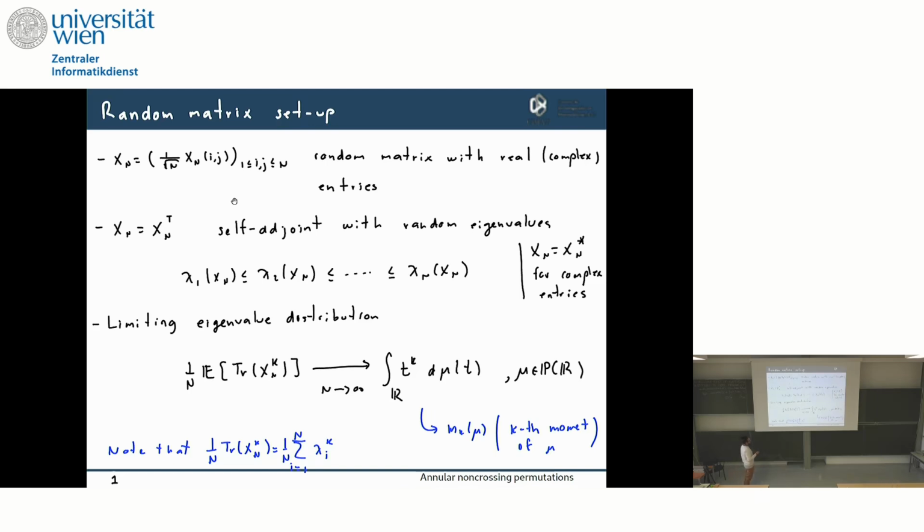I'm going to say that I have a limiting eigenvalue distribution if this quantity converges to the kth moment of a limiting measure. I'm going to call that the kth moment. Also note that the trace is just computing the kth powers of the eigenvalues. So in a sense, I'm just computing the expected value of the kth powers of the eigenvalues.